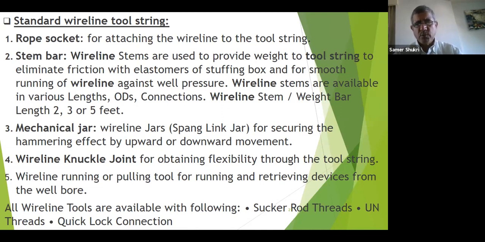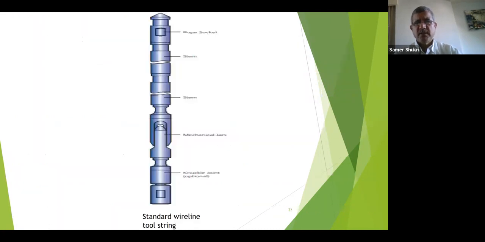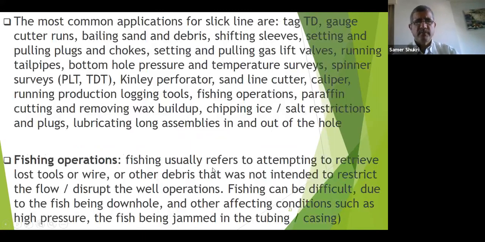All wireline tools are available with the following types of connections. This is the standard wireline tool string: rope socket, stem bar, mechanical jar, and knuckle joint here. And we have either a gauge cutter, running tool, plug, or subsurface safety valve.